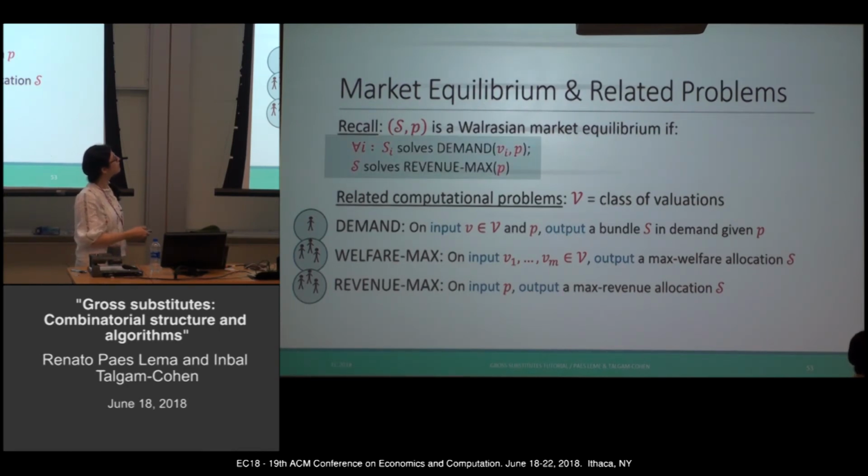You can rewrite these two conditions for market equilibrium using these computational problems. So for every one of the buyers, the allocation to this buyer should solve the demand problem. Oh, I do use the revenue maximization. I knew I wanted to say something about that.